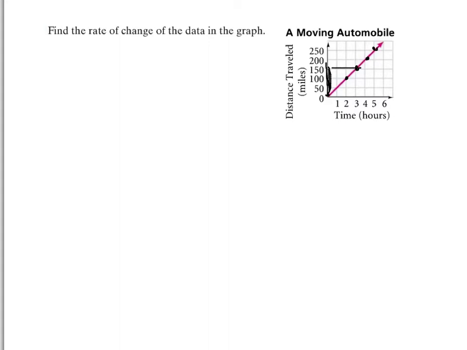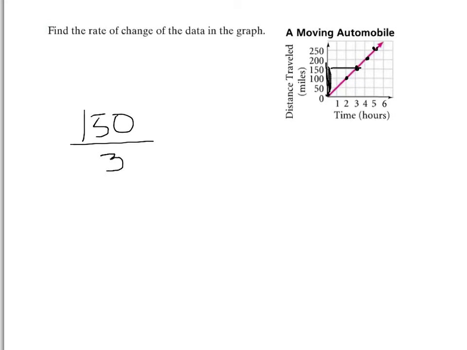The rise here in this situation has a different scale. It's actually going up by 50s. So each one of these boxes is worth 50. So if I went up 3 of these boxes, that would give me a rise of 150 miles. Now I would have to divide that by that run, and that run here would be 3 units, and so it would be divisible by 3.